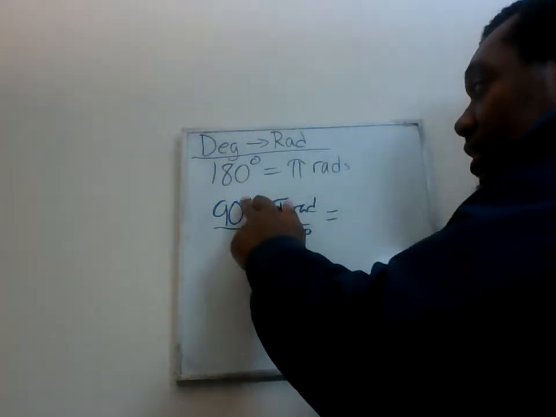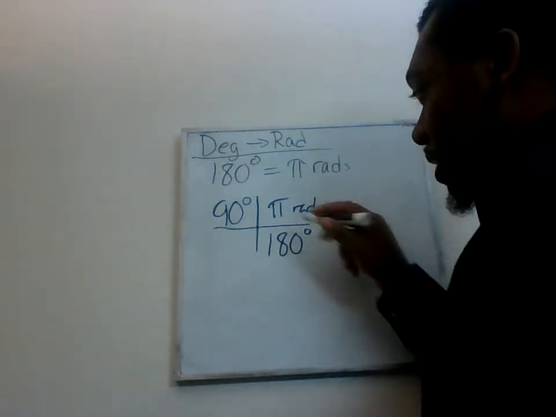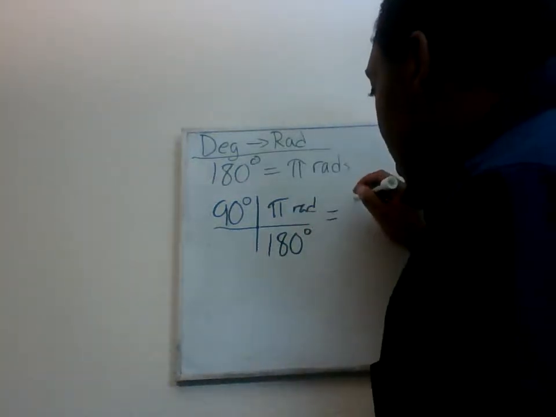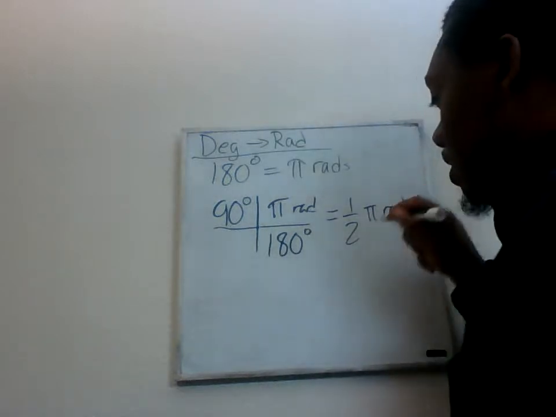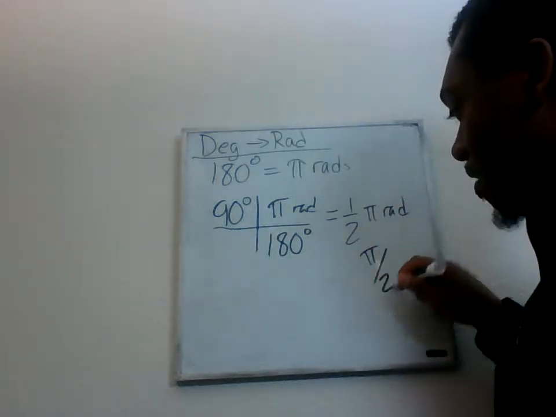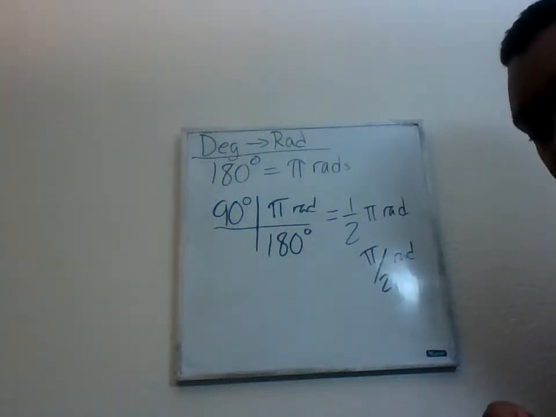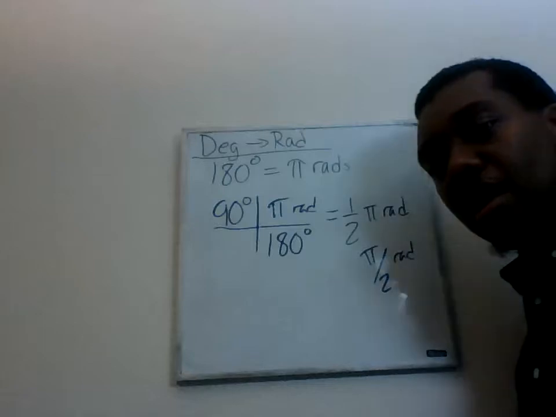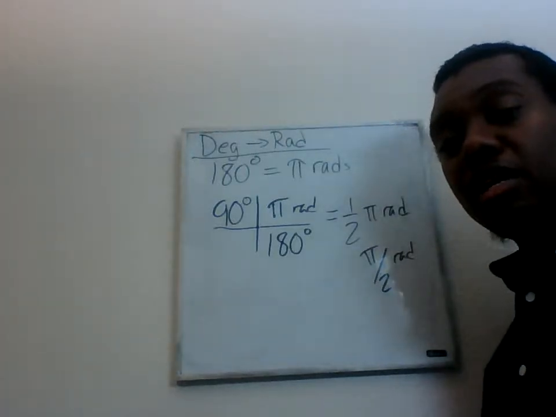Well, I get 90 divided by 180 times pi. And so what I end up getting is 1/2 of whatever pi is, radians. Or generally speaking, this is written as pi over 2 radians. Okay? So we get pi over 2 radians for 90 degrees.